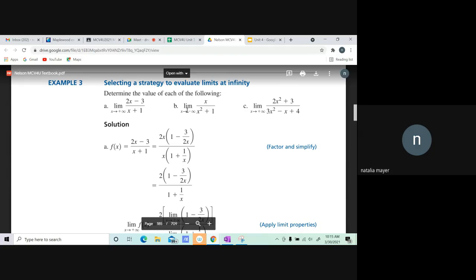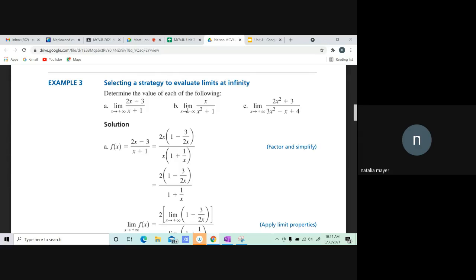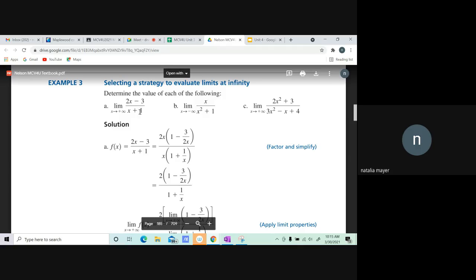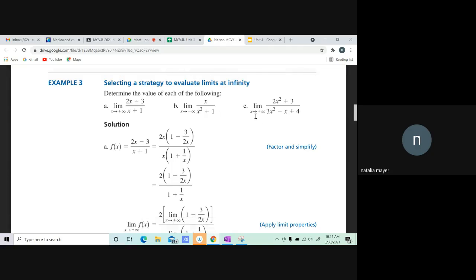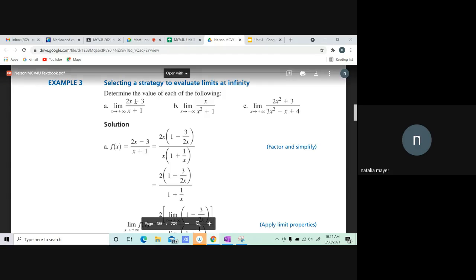But I want you to be mindful of this idea: finding the limit when x approaches positive and negative infinity means finding the horizontal asymptote. If you remember this, it's easy to anticipate the value of the limit before you even get it algebraically. Let's test it.